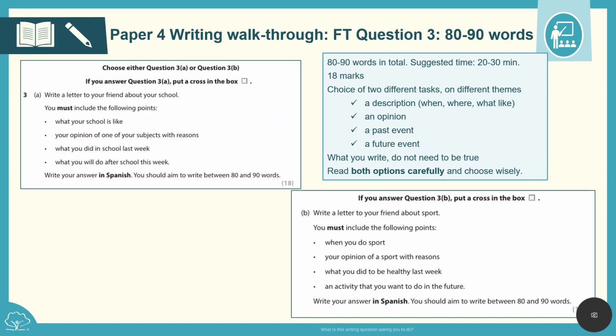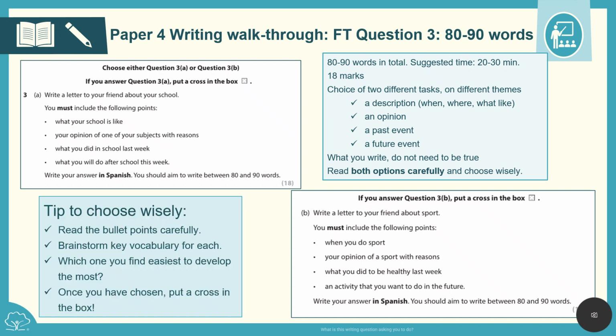Maybe you're better at talking about sport activities. So you need to take that decision, and it's good again to do some brainstorming and decide which topic is the best for you to answer. You can only answer one of the options. After you have decided, as usual, like in question 2, you must put a cross in the one you have chosen.